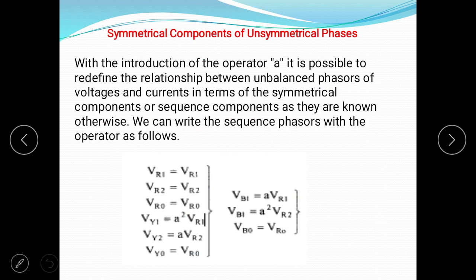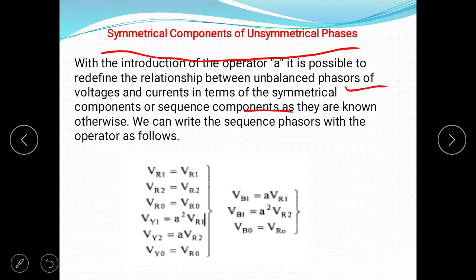Now the next concept is symmetrical components of unbalanced phases. Now with the introduction of operator A, it is possible to define the relationship between unbalanced phasors of voltage and current in terms of symmetrical components, or sequence components as they are known.